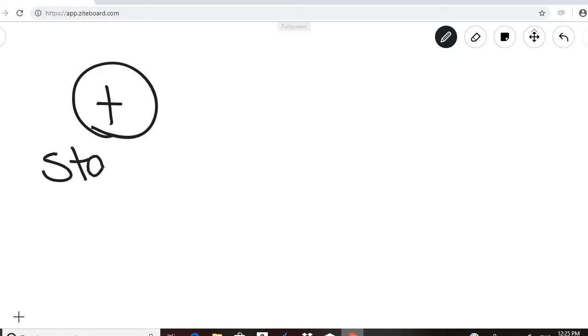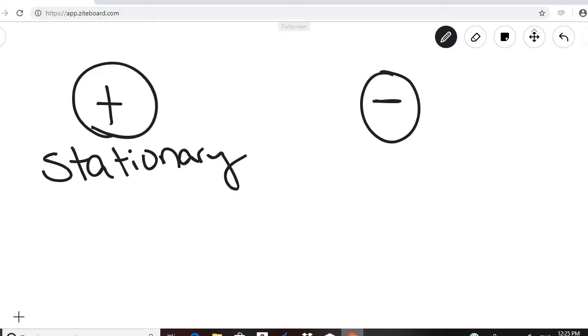So if we start with a charged particle that is at rest, or stationary, let's say we have a positive charge that is stationary, and then we bring close to it another charge that is negative.